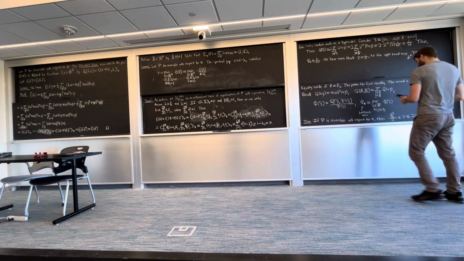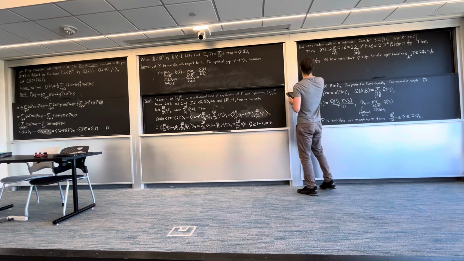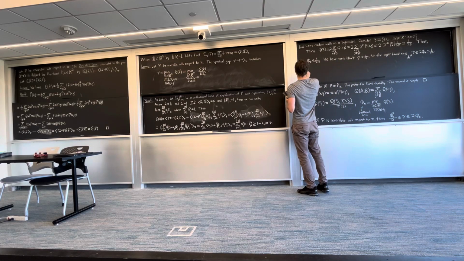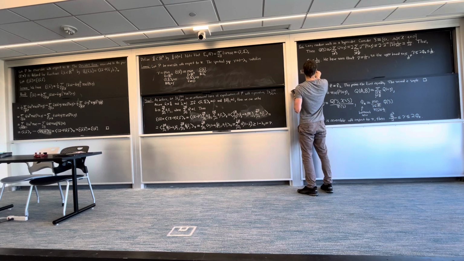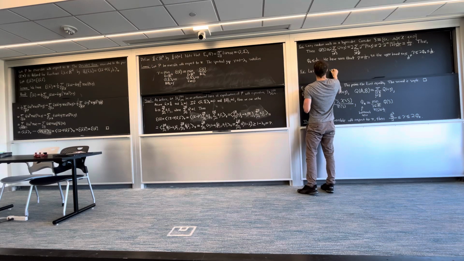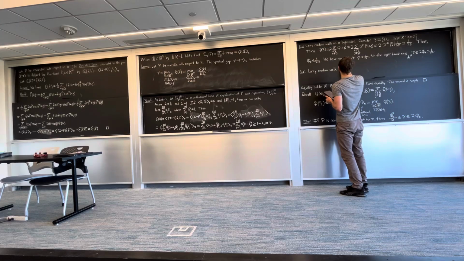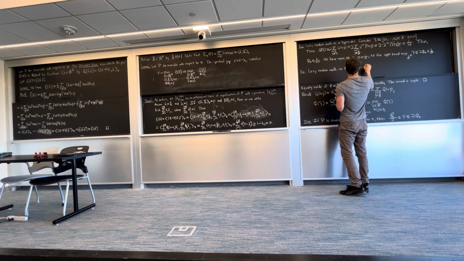Okay, now for the lower bound, let me do a different example. We'll look at the lazy random walk on the 2n cycle.